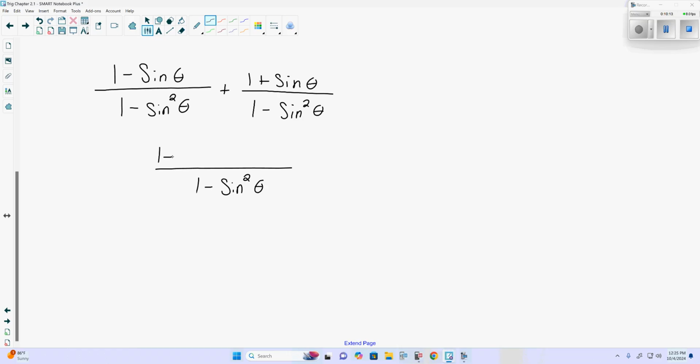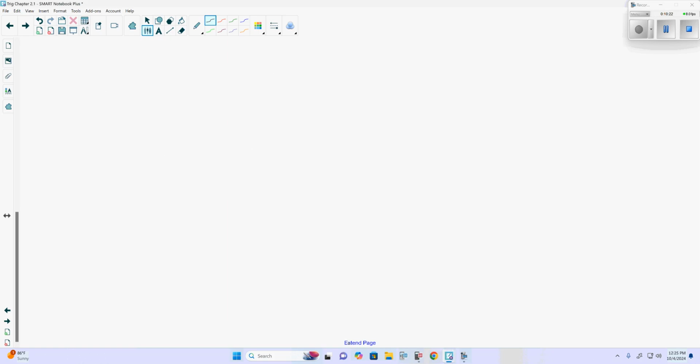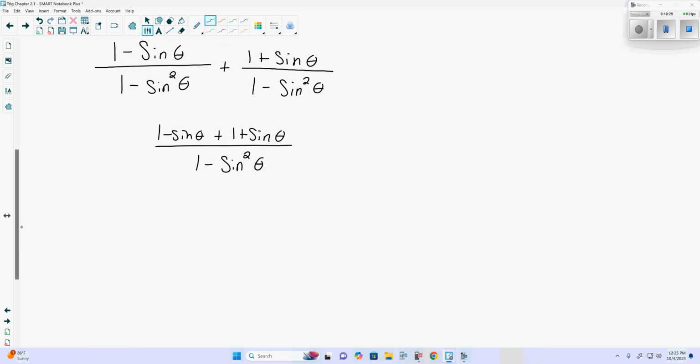On top we have 1 minus sine of theta plus 1 plus sine of theta. Negative sine of theta, positive sine of theta, that becomes 0, yes? Leaving us with 1 plus 1. So the whole numerator simplified to 2, yes?